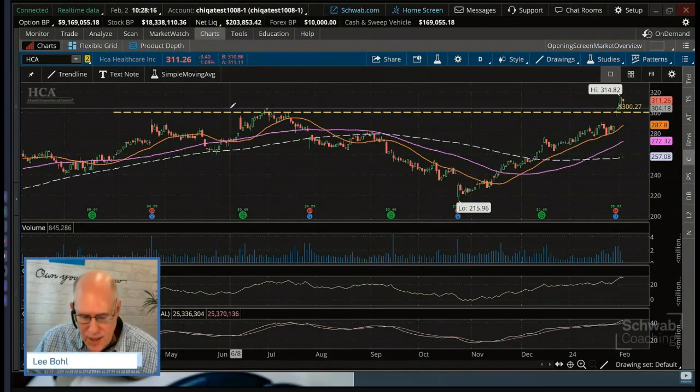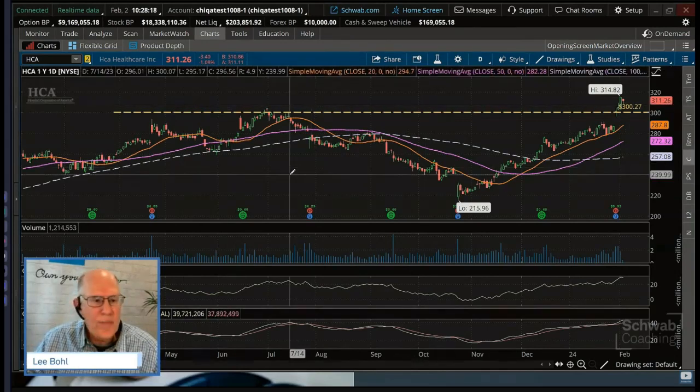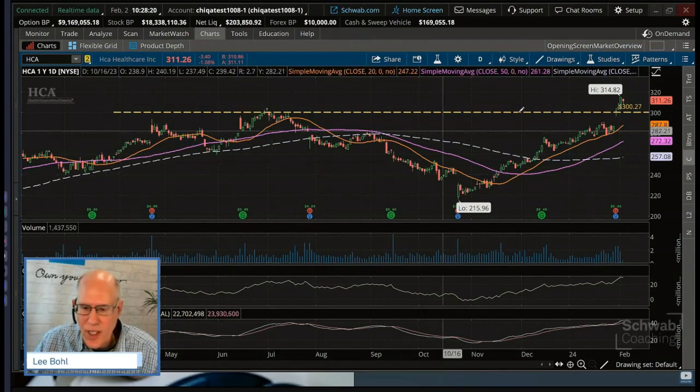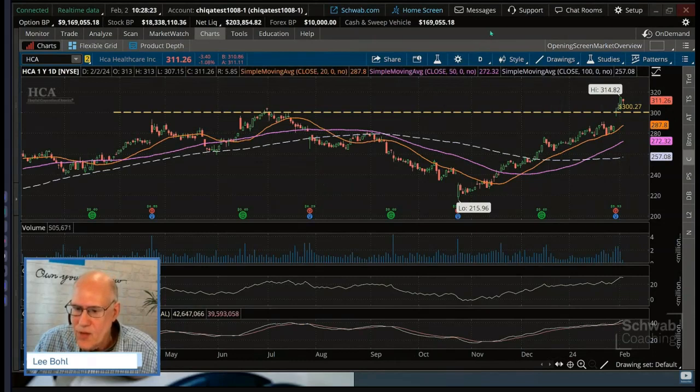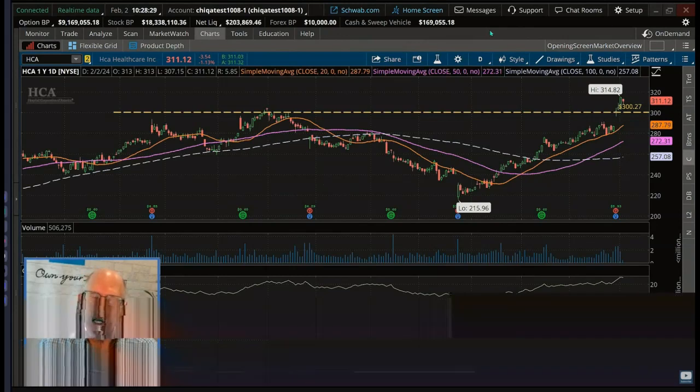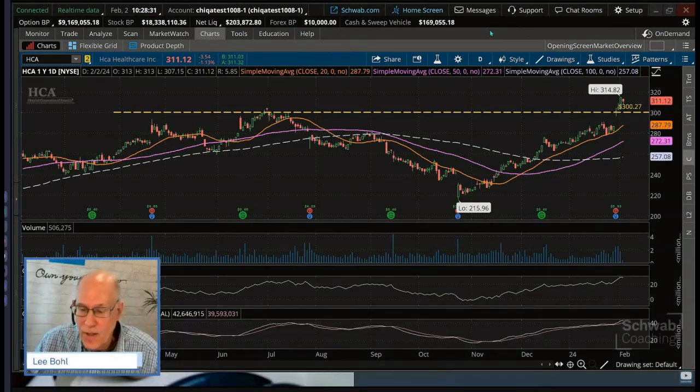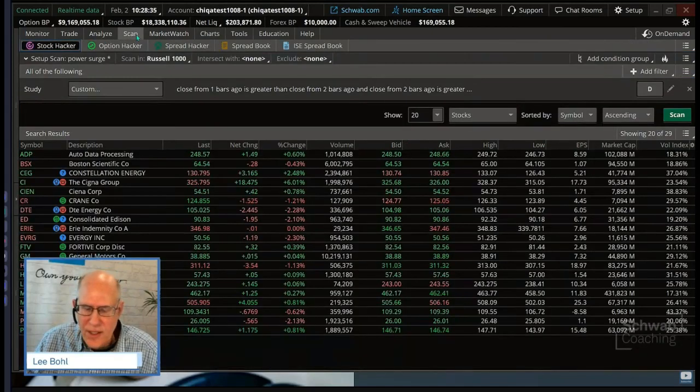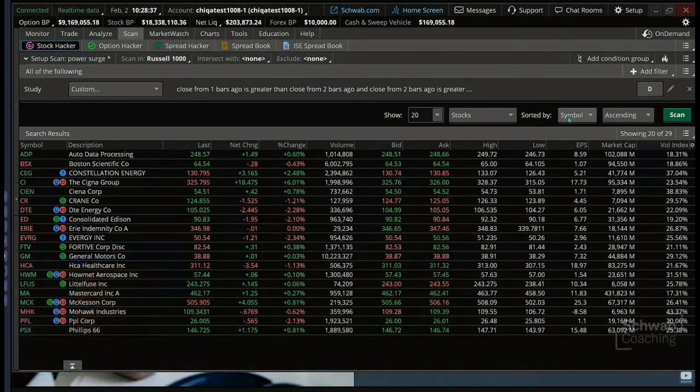Now, let's say that you just want trending stocks with a good volume pattern. Let's get the uptrending stocks first and then add in our rising on-balance volume and rising volume. So let's do a scan just for stocks that are probably going up relatively well.